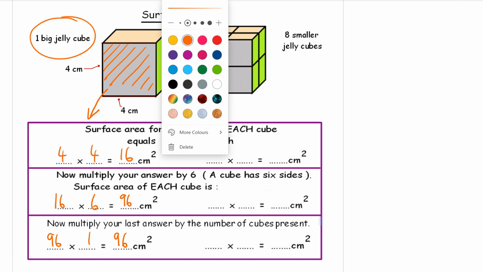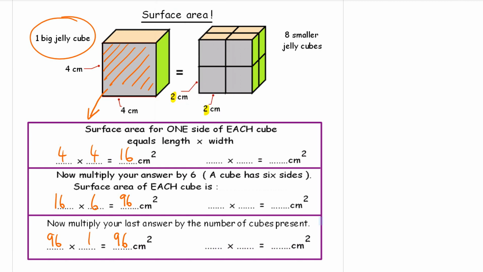Now watch how the surface area goes through the roof with the smaller jelly cubes. Now to start off with, we want the surface area for one side of each cube. So look, it's tiny, 2 by 2, which is 4. Okay. Now multiply your answer by 6, because each cube has got 6 sides.